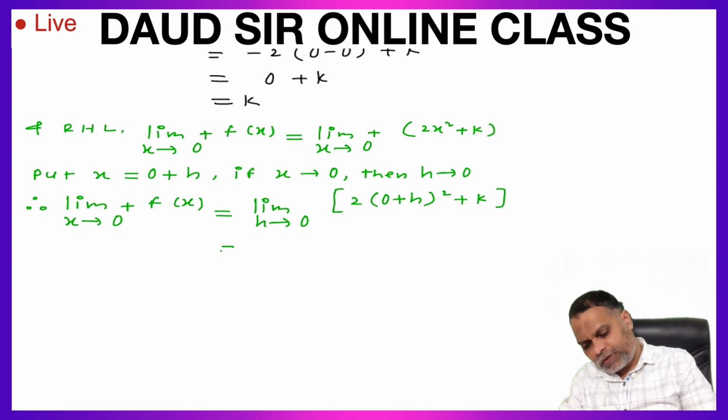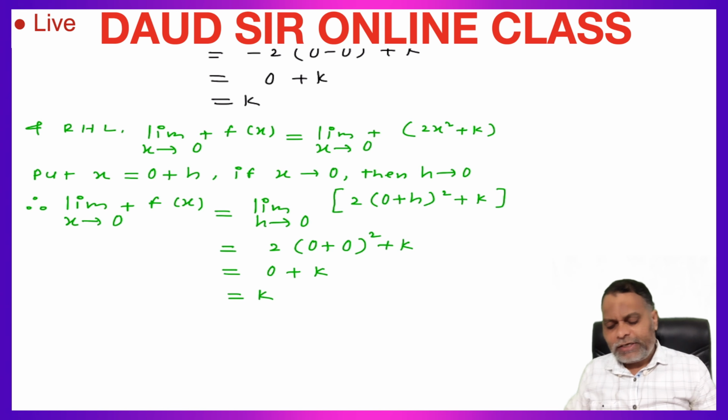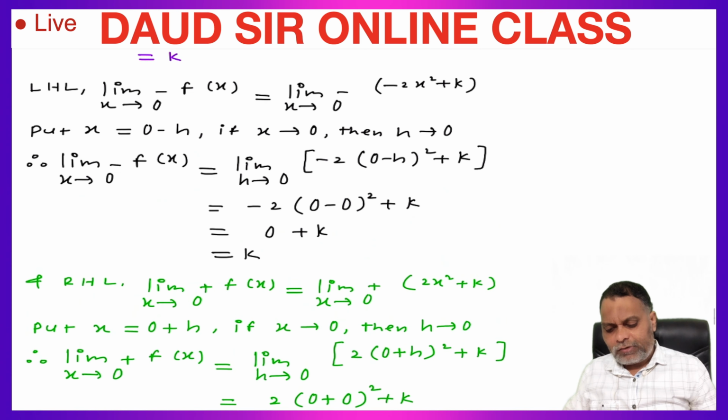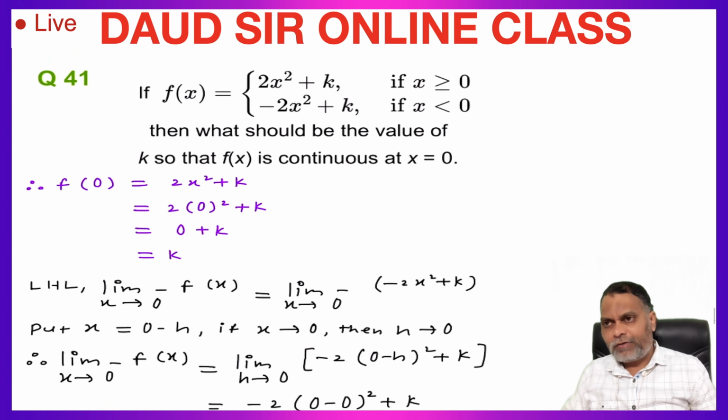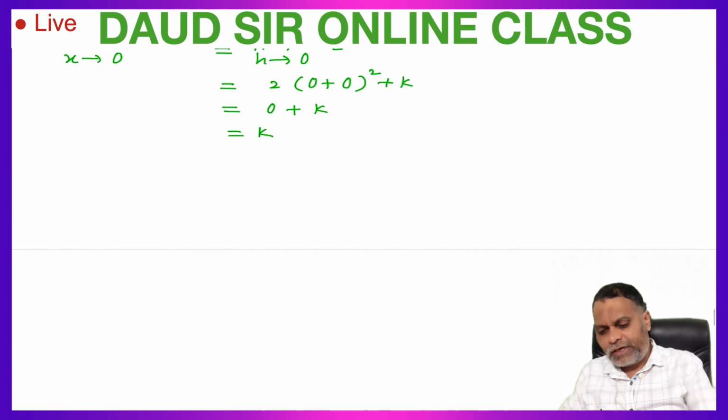Substitute h is equal to 0, 2 into 0 plus 0 whole square plus k, 0 into 2 is 0 plus k is equal to k. So clearly right hand limit is equal to k, left hand limit k, and the value of function at x is equal to 0 is also k. So here we have got right hand limit k, left hand limit k, and the value of function at x is equal to 0 k.